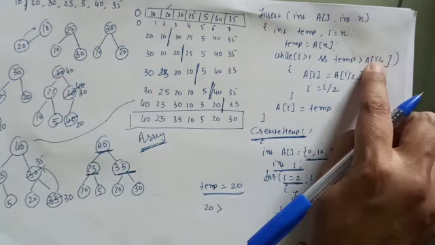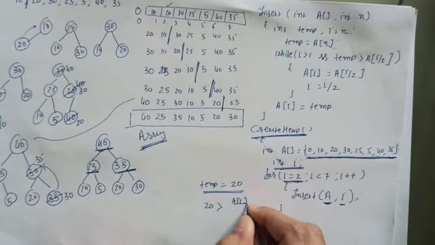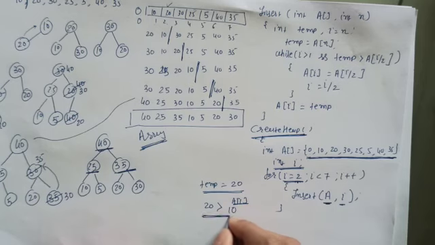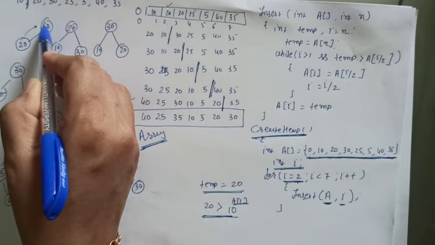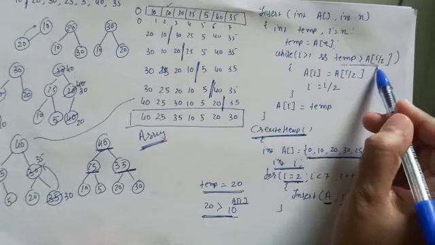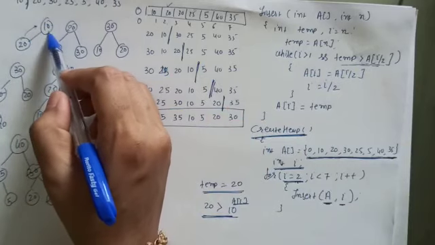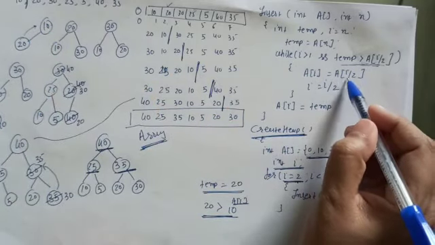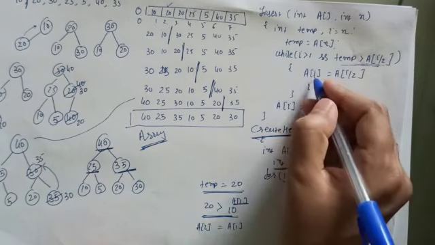So i is 2, 2 by 2 is 1. So a of 1 is nothing but 10. So we will compare this 20 with the 10. So the condition is true, so we need to perform this exchange. For that, a of i by 2, which is a of 1, would be assigned into a of 2, i is 2.